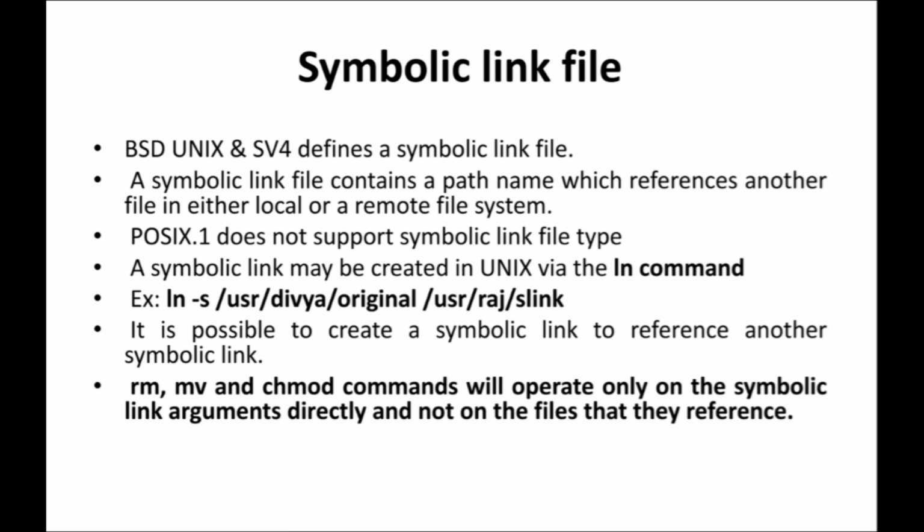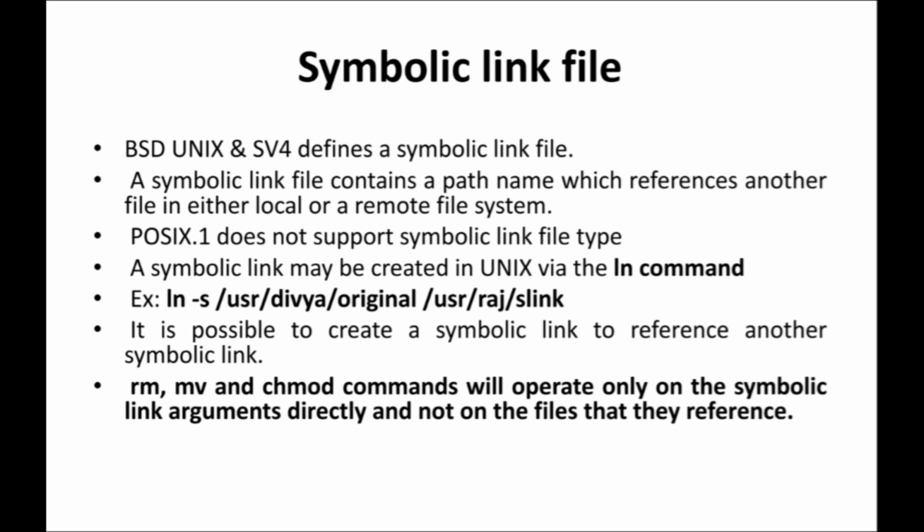For example, a symbolic link may be created in Unix through the ln command. The ln command can be used to create the symbolic link file. For example, ln -s, where s means symbolic link, user divya/original/user/raj/link.